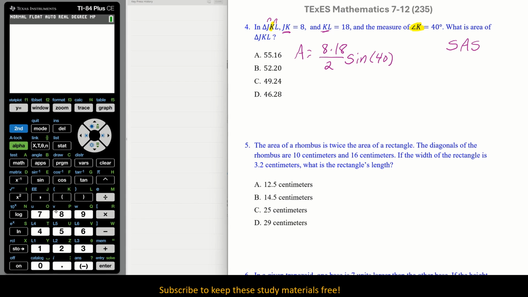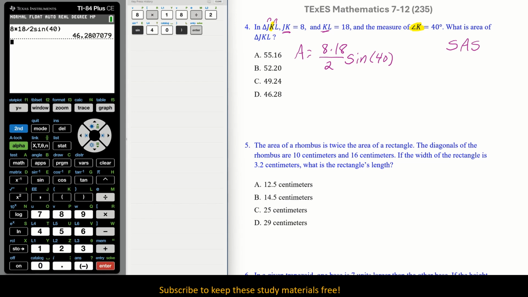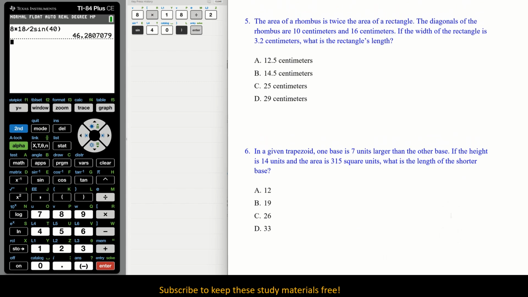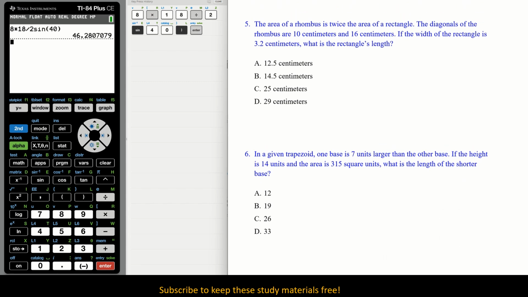Let's pop that in the calculator. 8 times 18, divide by 2, sine of 40. Close my parentheses. Push enter, and I do have a correct option. Okay. All right, let's look at number 5. I know that just seems so much harder than it really was, right?